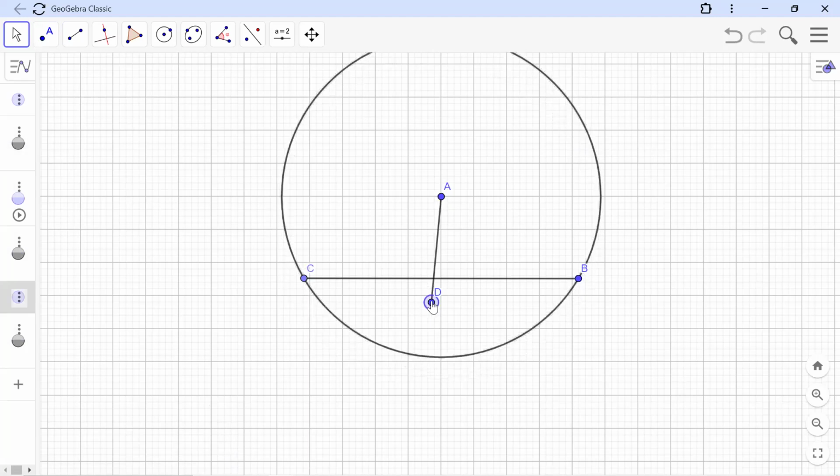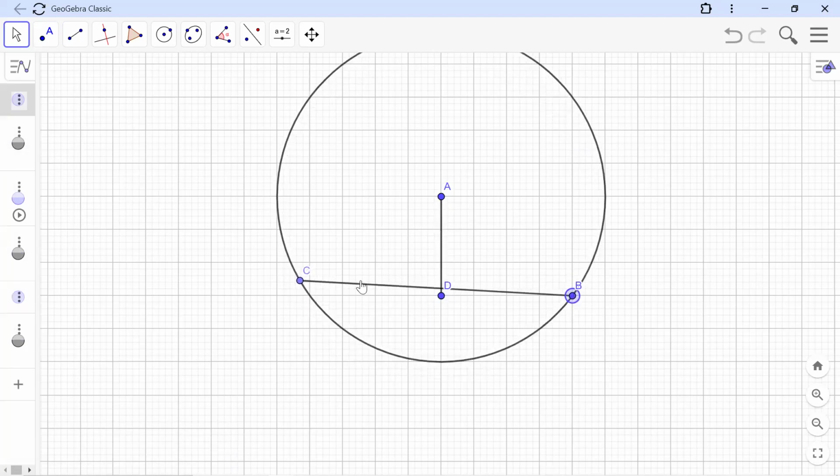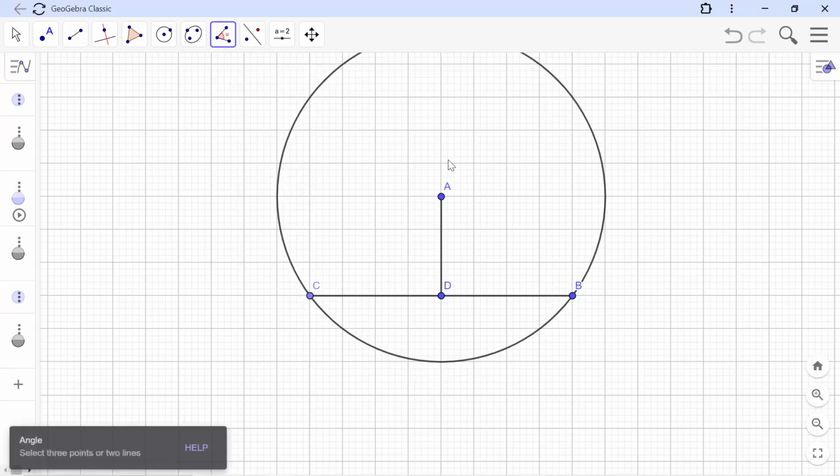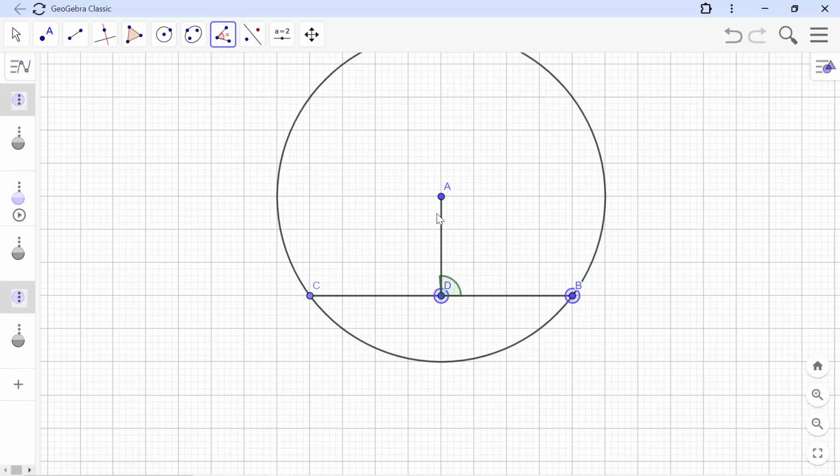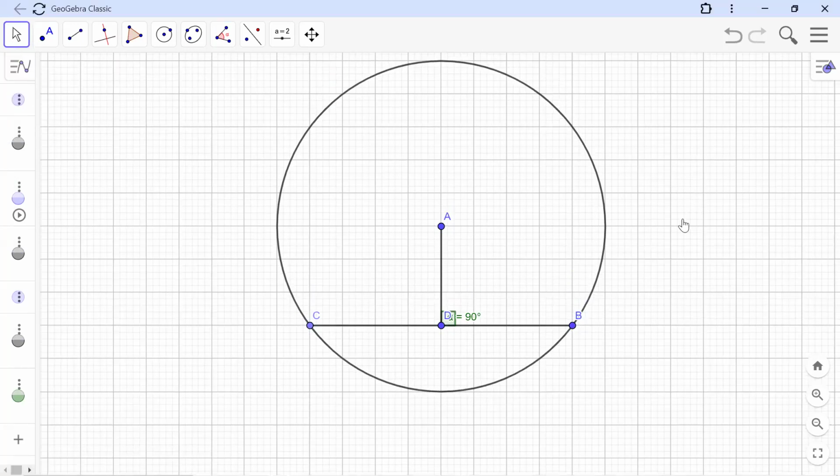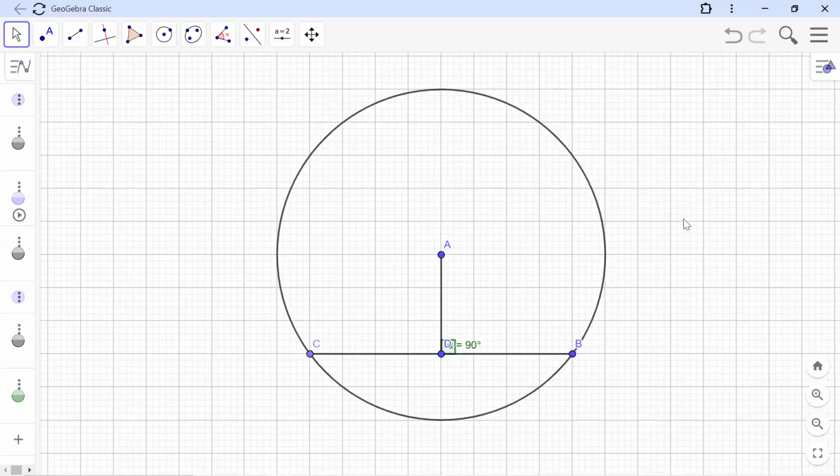If I were to adjust this chord here, and I'm going to measure this angle. Fortunately, GeoGebra can help with that. There we go. Bravo. The angle is exactly 90 degrees. So we can see it is actually a statement that is true. We are not just making it up.